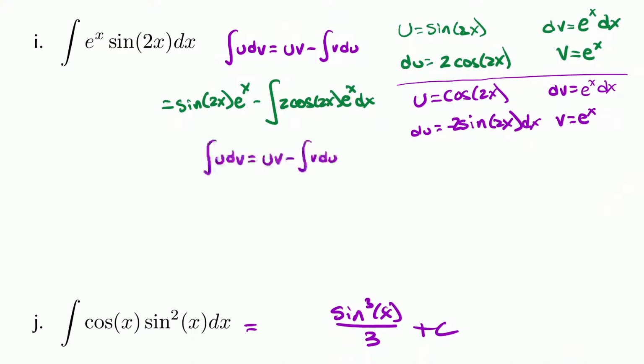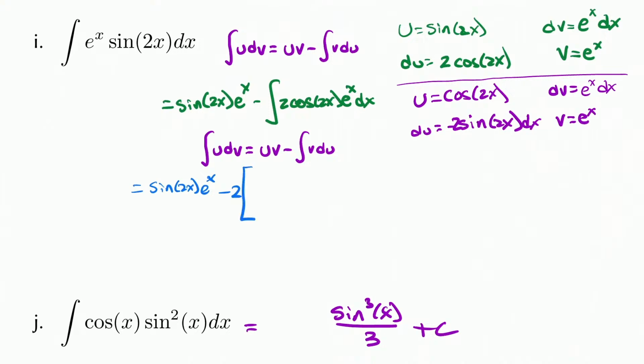So we're going to do this again. All right, let's see if I can keep all of my bookkeeping. Let's see, sine of 2x, e to the x. Here's the 2 that I promised. So that 2 there I've just got right here.